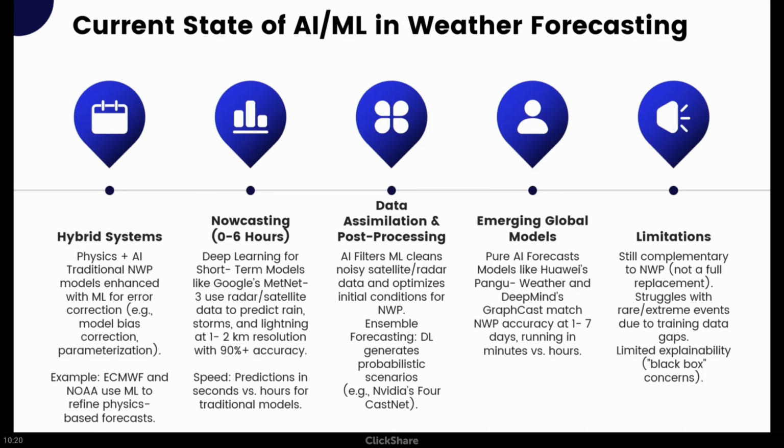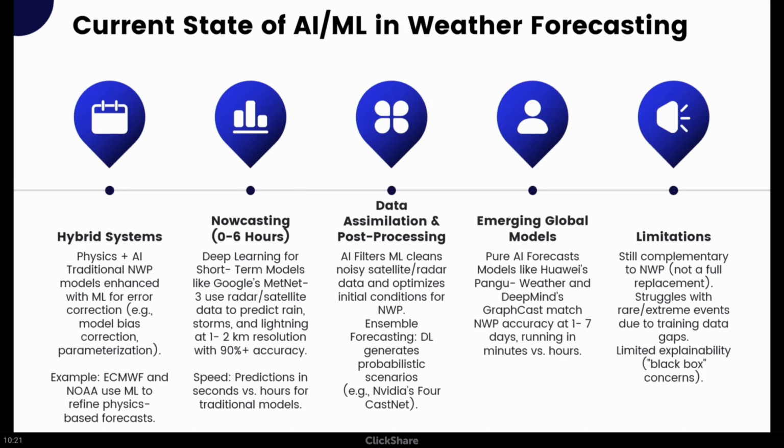But now you'll see deep learning for short-term models like Google MetNet, which use satellite data or radar data to predict the rain at a very high resolution, like 1 to 2 kilometers, and with higher accuracy. In our traditional NWP models, it will take at least hours to simulate the entire scenario, or to give around a 10 day forecast. But in nowcasting using AIML, you can get it within seconds. So this is one advantage that AIML can give us.